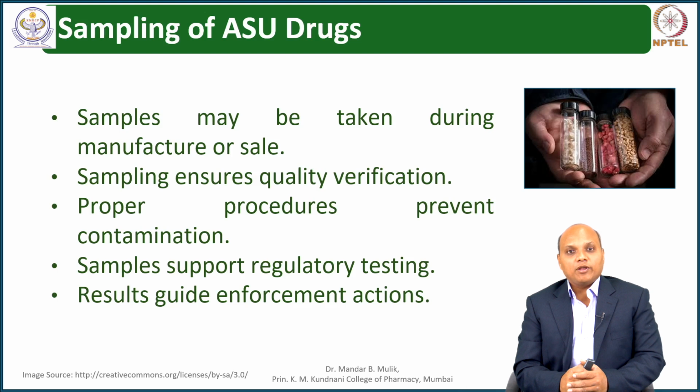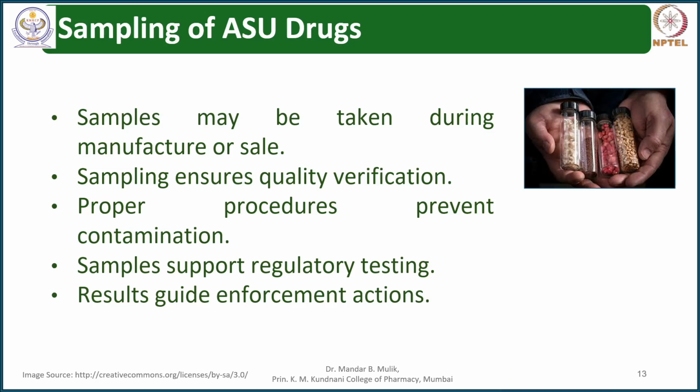Many times the manufacturers also do random sampling from the sale premises to ensure the quality of the product on the shelf as well. Proper procedures prevent contamination, and hence the SOP for sampling also needs to be formulated. Samples support regulatory testing, and the results guide enforcement actions for better quality products.